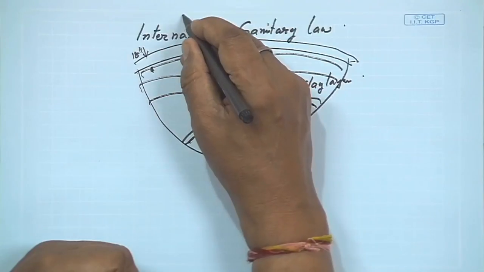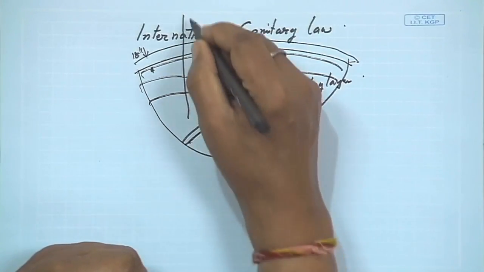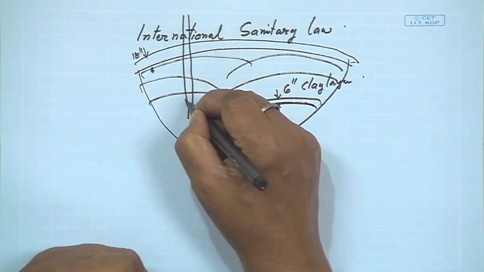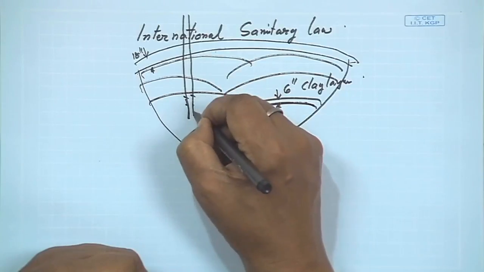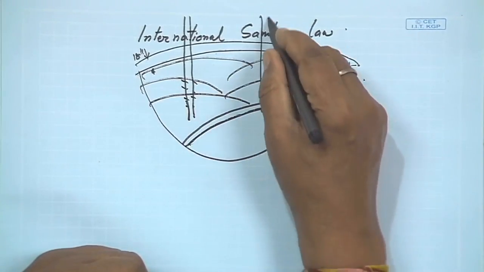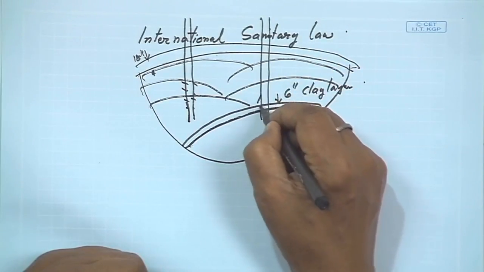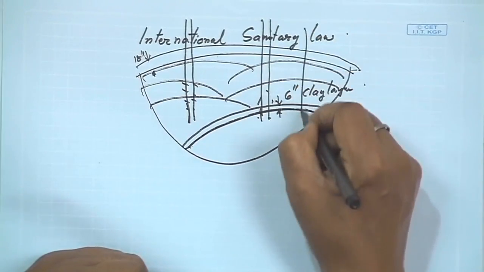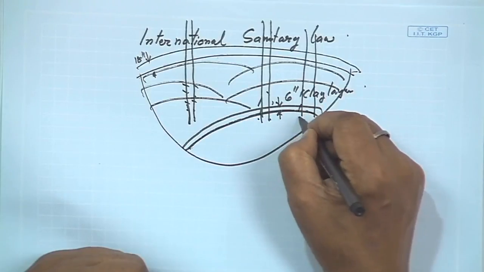Then what they do, they make a well. These are perforated pipes we put inside this. We put different perforated pipes here, and we interconnect these perforated pipes.